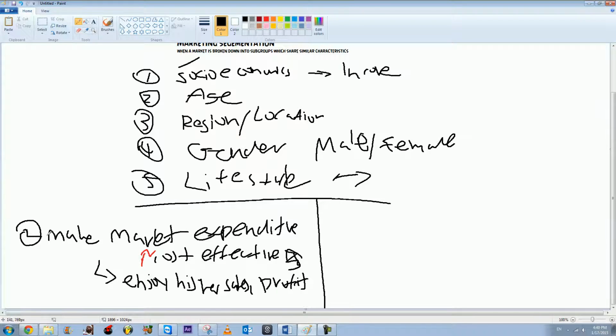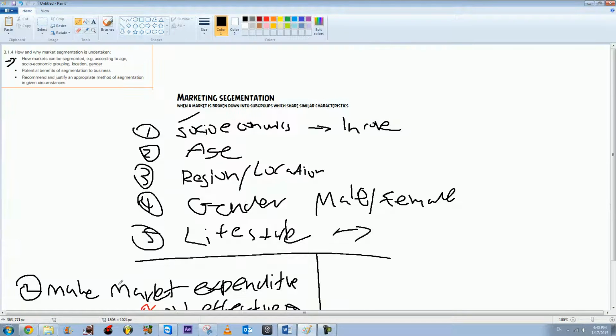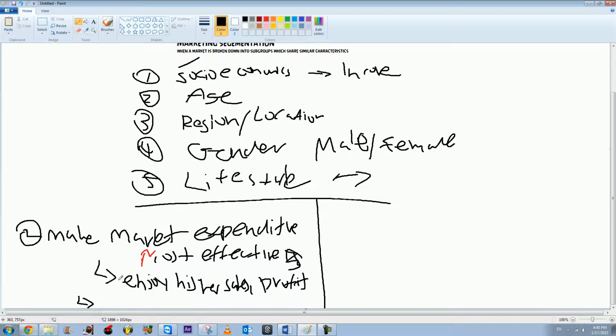This should be the second point: you enjoy higher sales and higher profit. The third benefit of segmentation to businesses is that you identify a market segment which is not fully met, and then you can target that market segment and therefore have opportunities to increase sales.